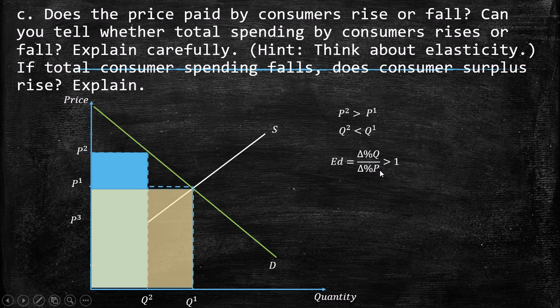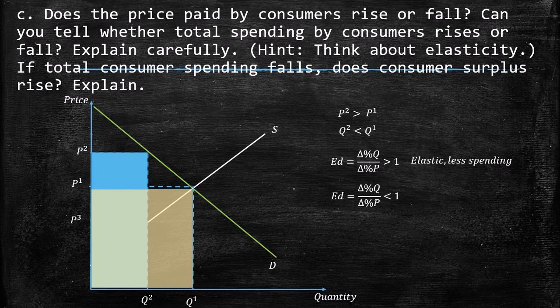So it means that there is an increase in the price and the change in the quantities is going to be even bigger, because consumers have an elasticity larger than 1. Okay, so in this case this square is going to be lower than in the previous case.